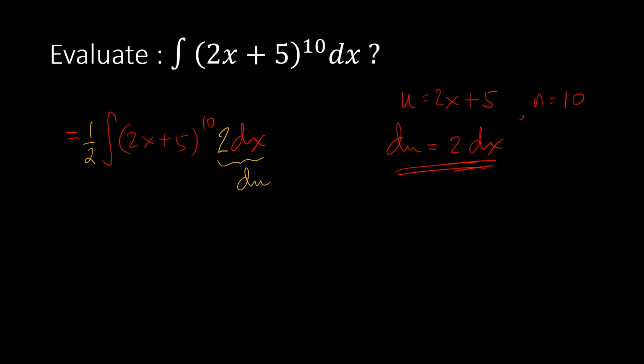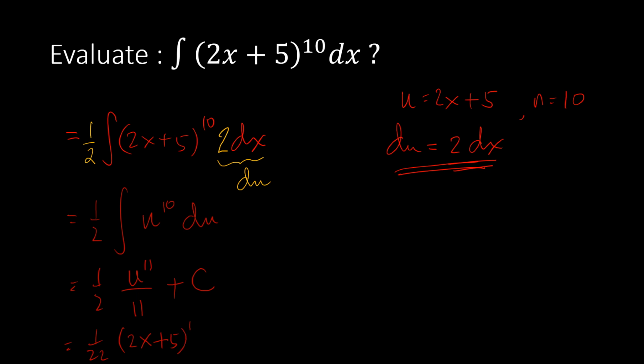So now, we can write this as 1/2 integral of u raised to 10 du, and applying the power formula, u to the 10 becomes u to the 11th power. So u raised to 11 over 11 plus c, or 1 over 22, and our u is (2x plus 5) raised to 11 plus c.